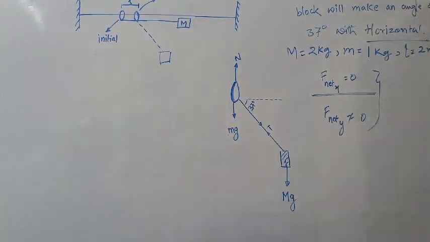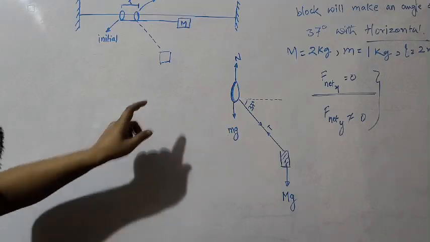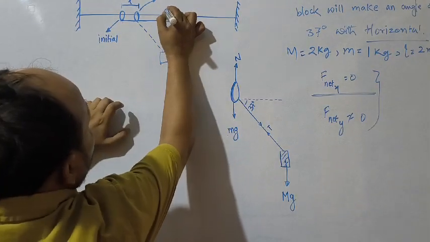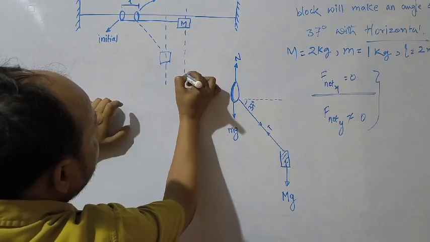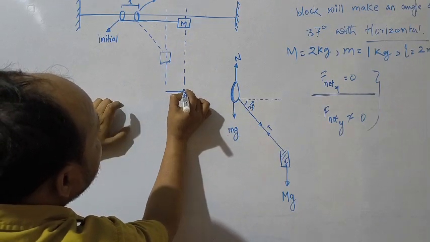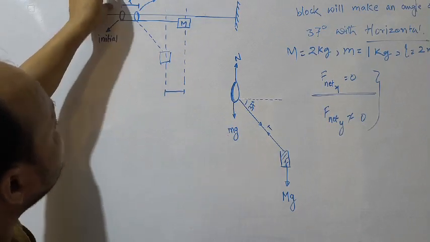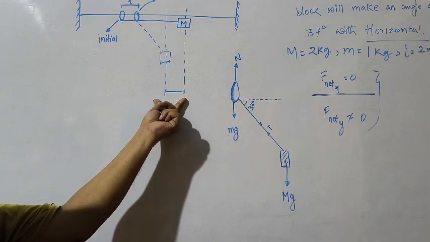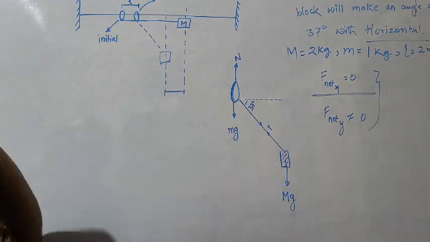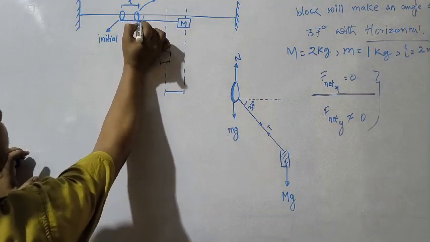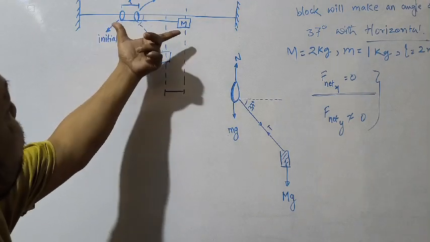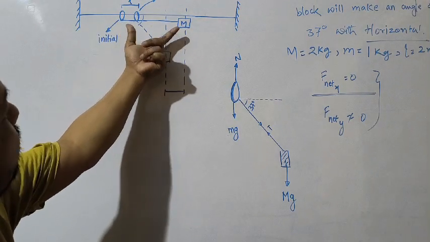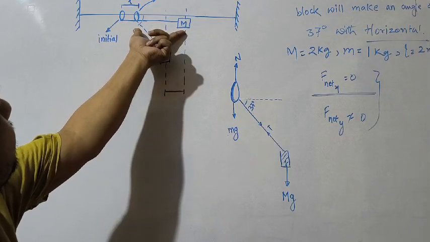So here what I am taking is how much horizontal distance this block has shifted, that horizontal distance we have to find out. That means if the bead has shifted to x, how much distance in the horizontal direction has the block shifted. Okay, this angle is 37. So see, this is x, the total length is 2 meter, so it is 2 minus x.